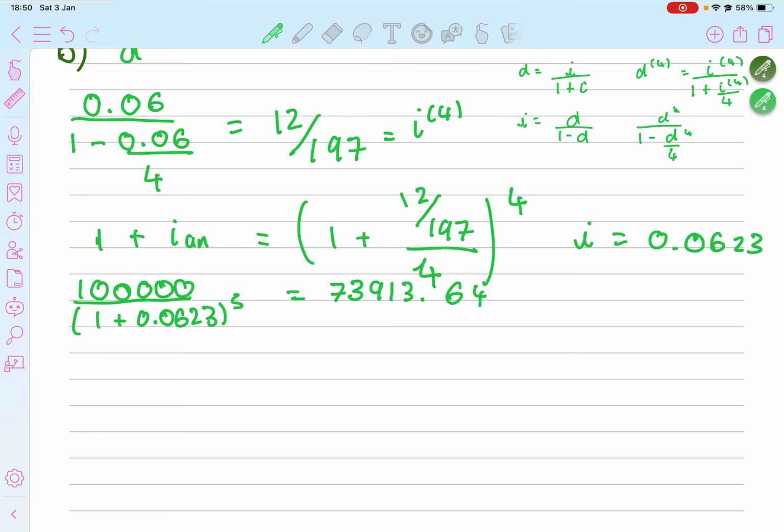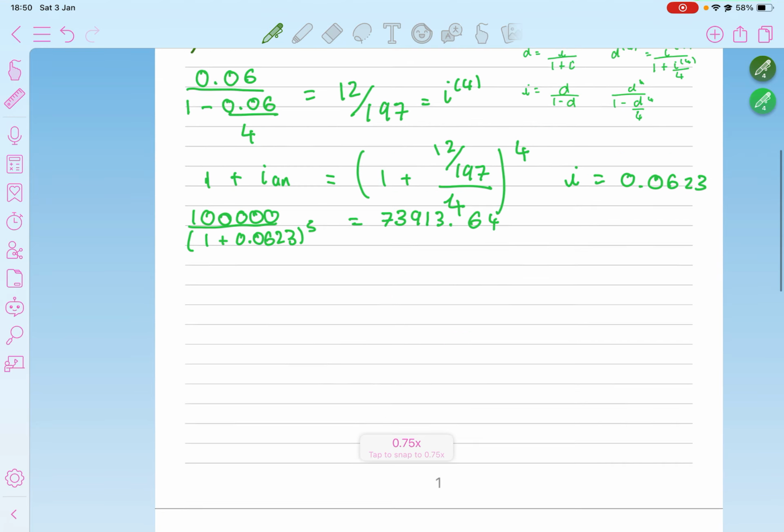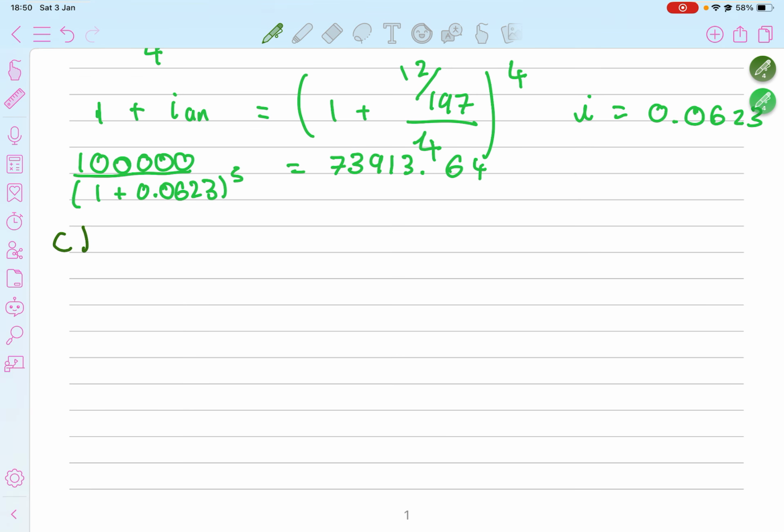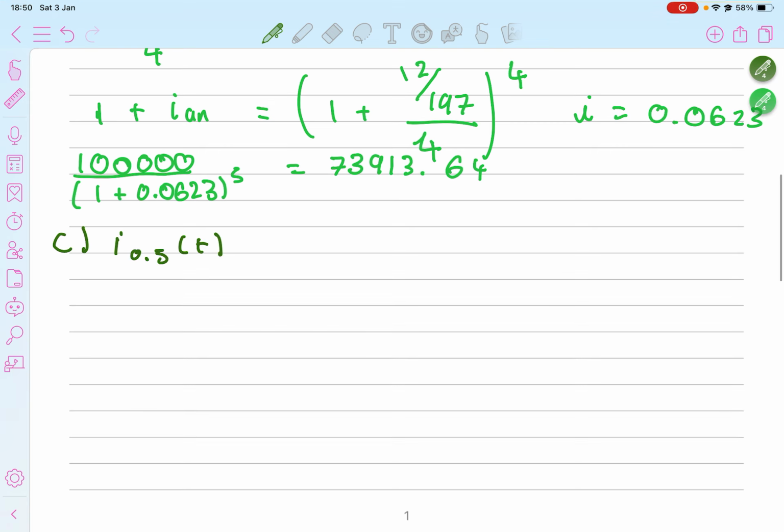Okay, now for the final part of this question, C, we need i of 0.5 of t is equal to 0.04 plus 0.004t. When you see this type of format, it starts at t and then it's every 0.5 years.